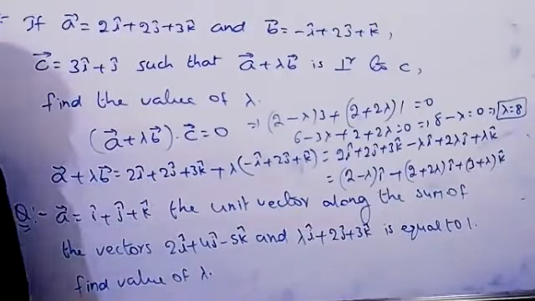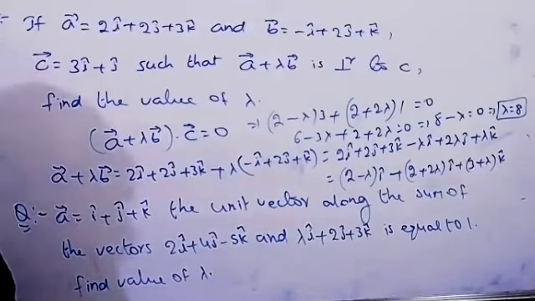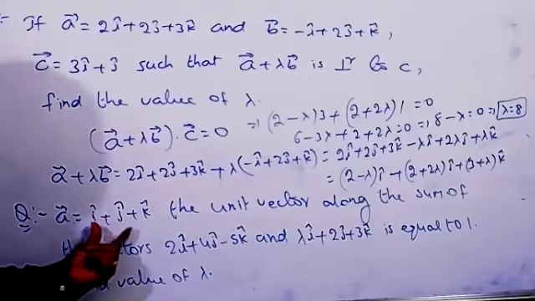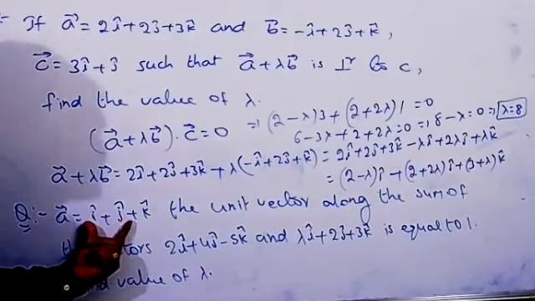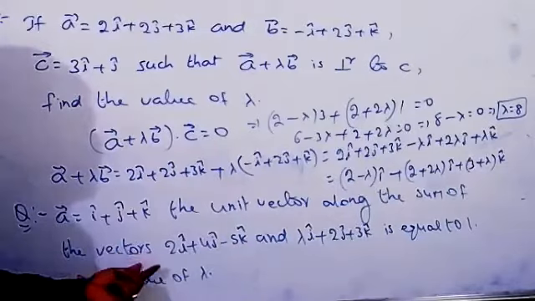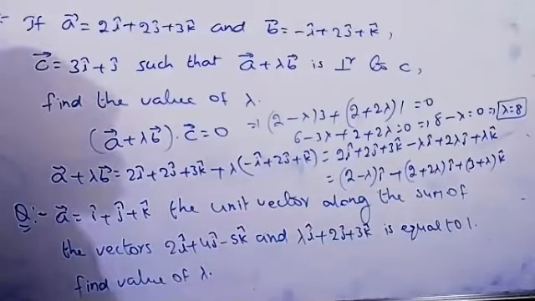How to find the lambda? You can tell me now. What I understood in this question is they told very clearly the scalar product of this vector and the unit vector along the sum of these two vectors is equal to 1.